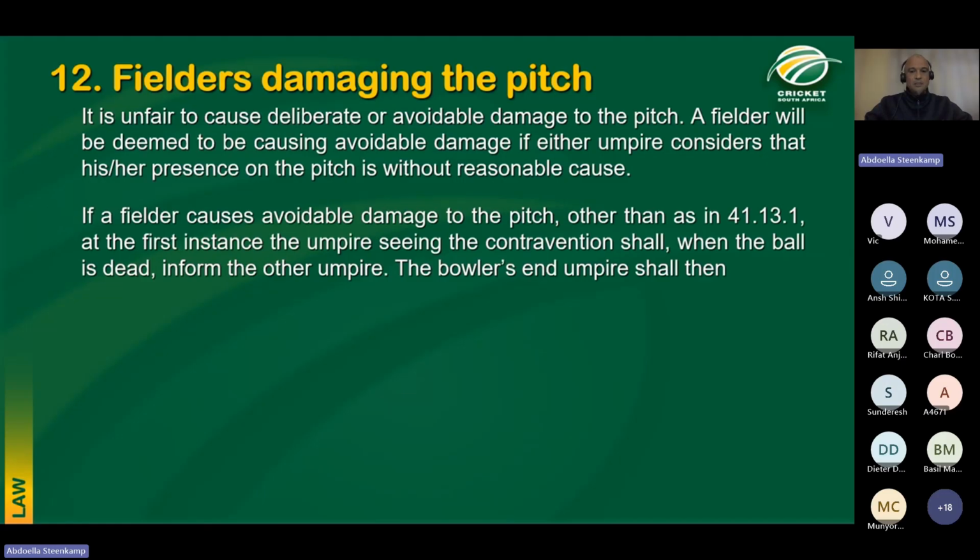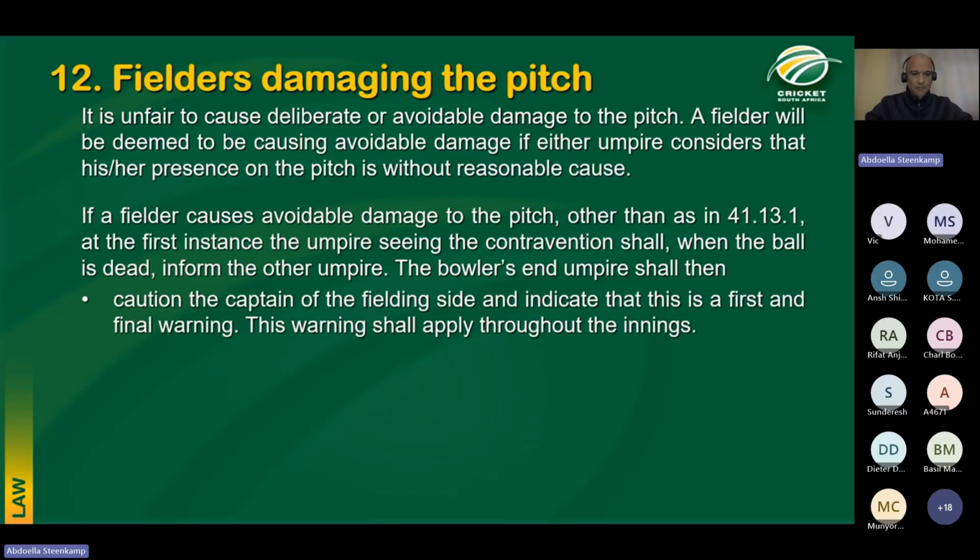So what happens if a fielder causes deliberate damage to the pitch? The umpire will call the captain of the fielding side and inform the captain that this is your first and final warning. This warning applies throughout the innings.